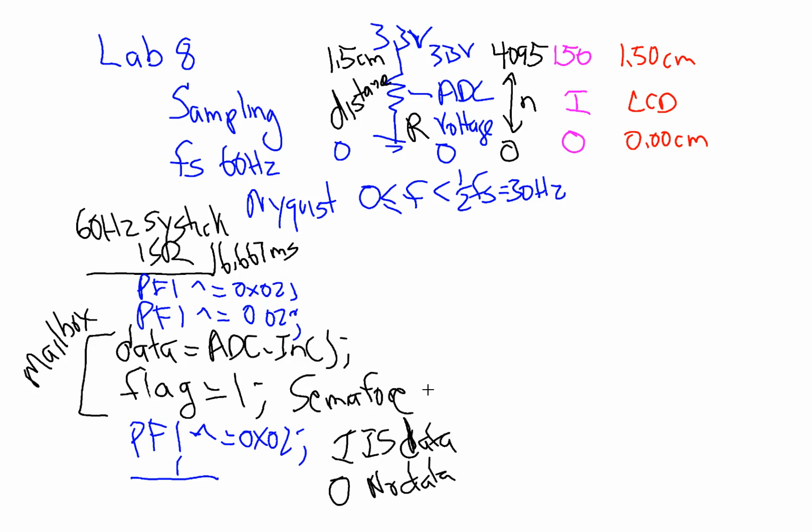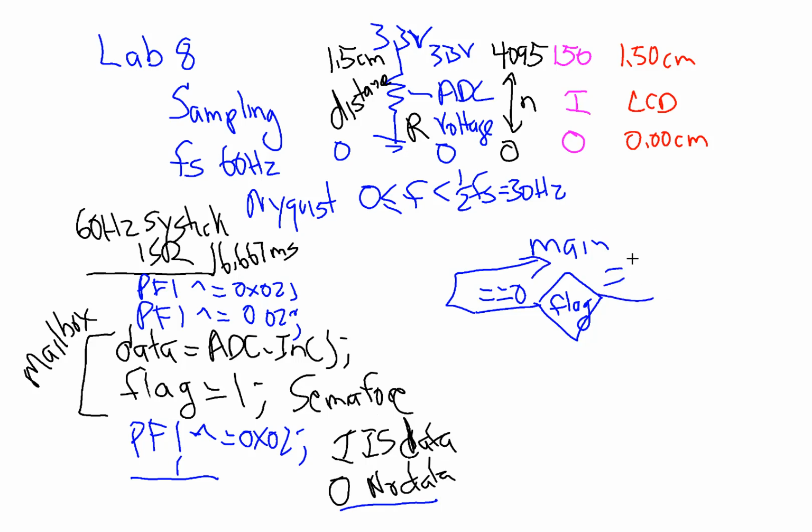The other linkage of my system is the main program. And the main program is going to basically look for the flag. And if the flag is equal to 0, that means there is no data. So it will wait. And if the flag is equal to 1, that means there is data. And so what I will do now is to convert. Right?